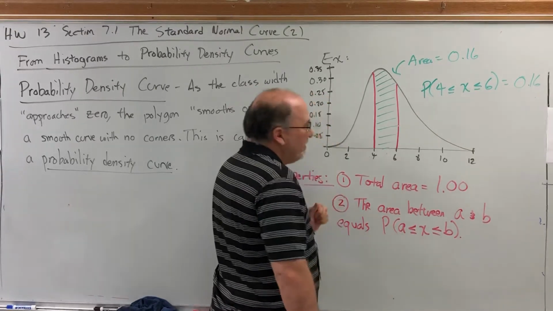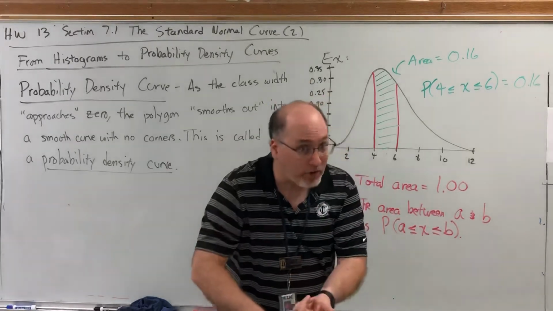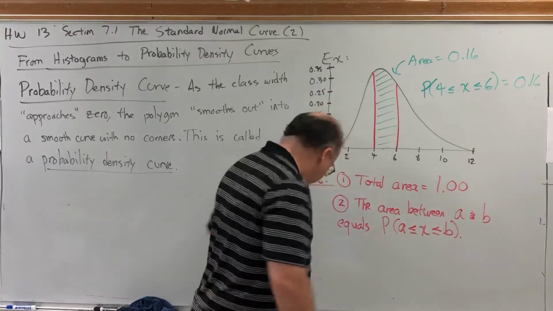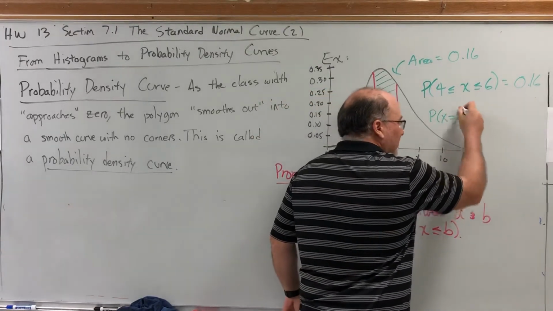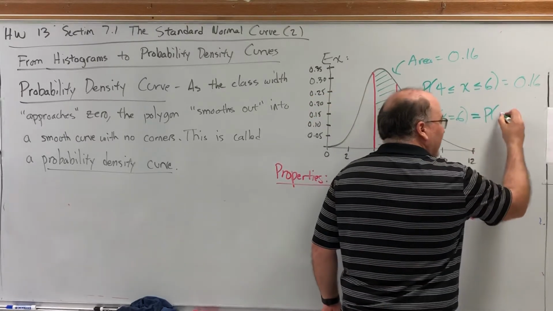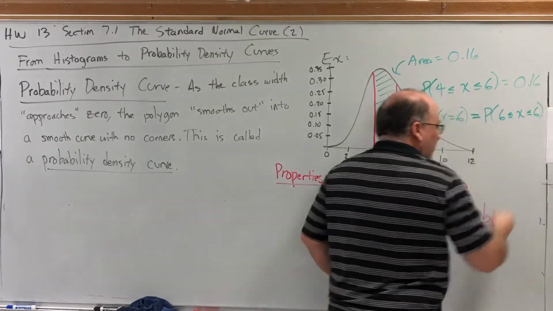In order to be equal to 6, you have to be simultaneously greater than or equal to 6 and less than or equal to 6. In other words, the probability that x is equal to 6 is the exact same as the probability that 6 is less than or equal to x, which is less than or equal to 6.